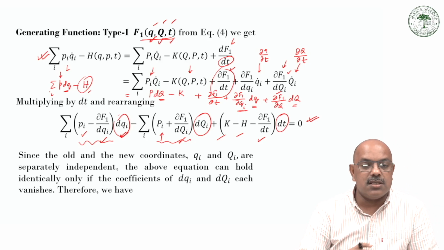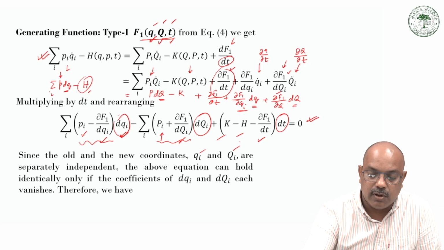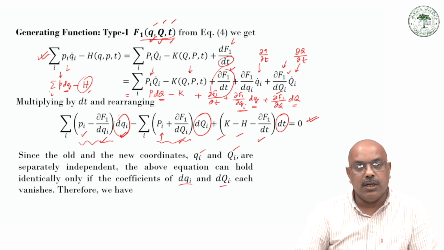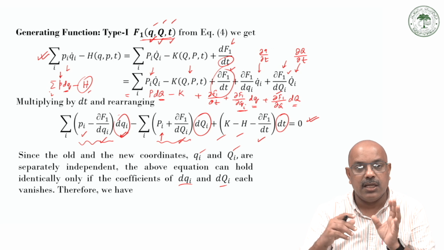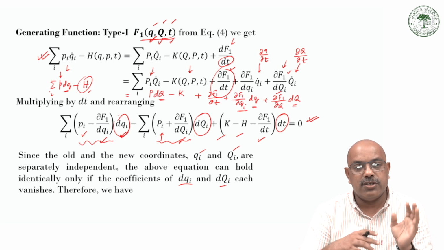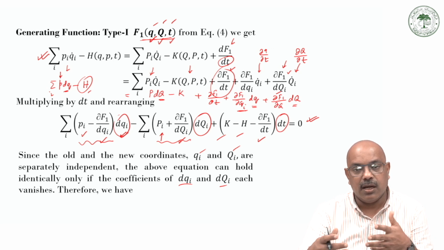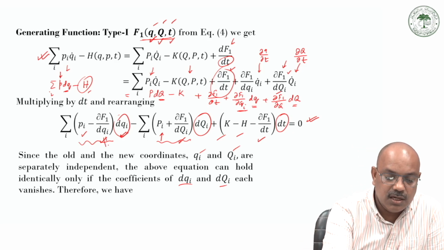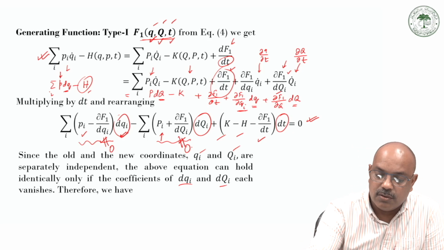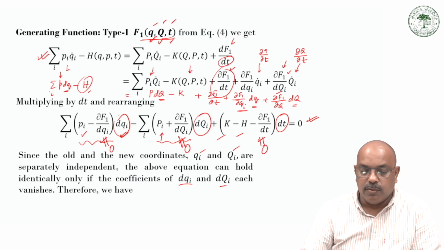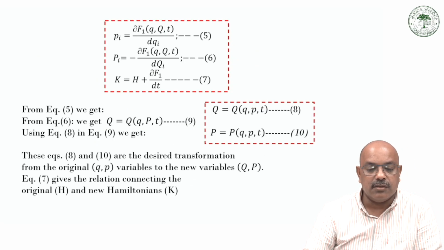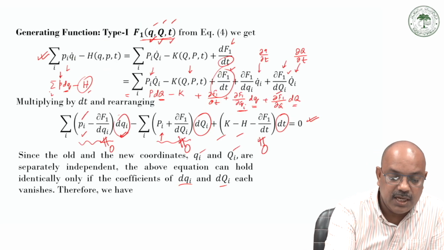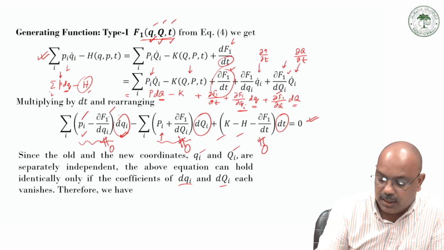Since q and Q are all independent coordinates, dq and dQ are also going to be independent. Because they are independent, I can equate the coefficients of dq and capital dQ to 0. So if I equate this equal to 0, this equal to 0, and this equal to 0, what I'm going to get is the relation that small pi equals delta f upon delta q.